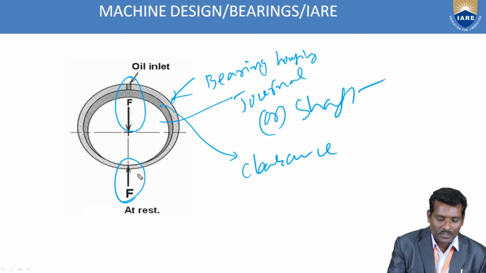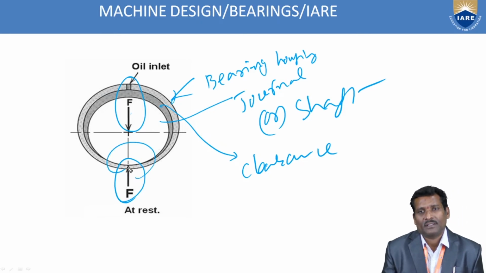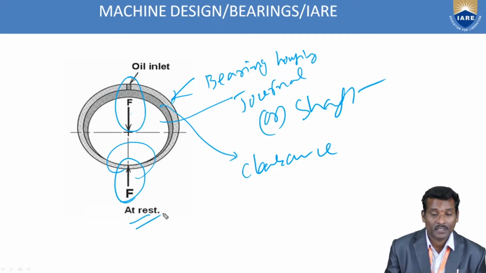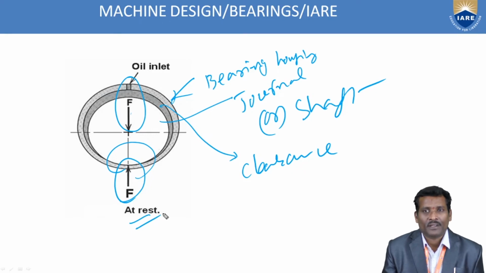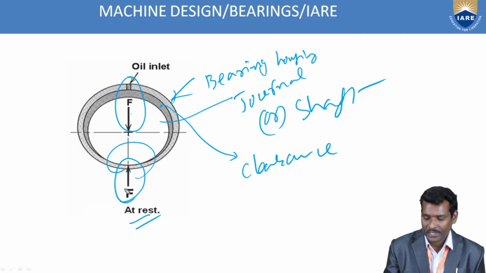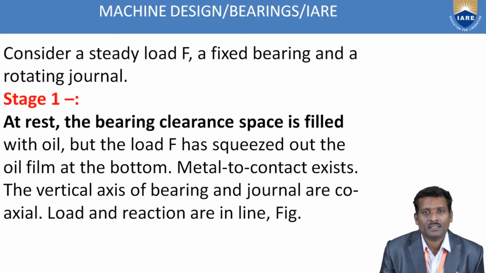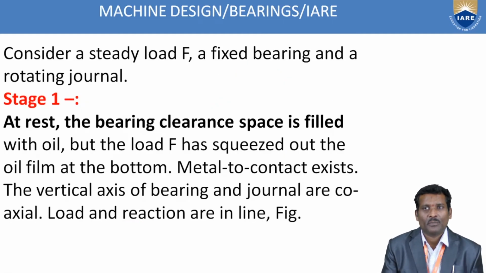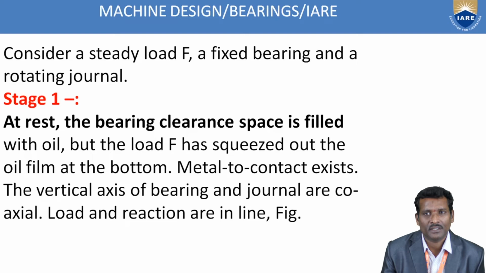Initially you can observe here there is a metal to metal contact. Why? Because this is the journal bearing at stop condition, at rest condition. There is metal to metal contact, and these two forces are collinear. At rest condition, as already discussed, the bearing clearance space is filled with oil.